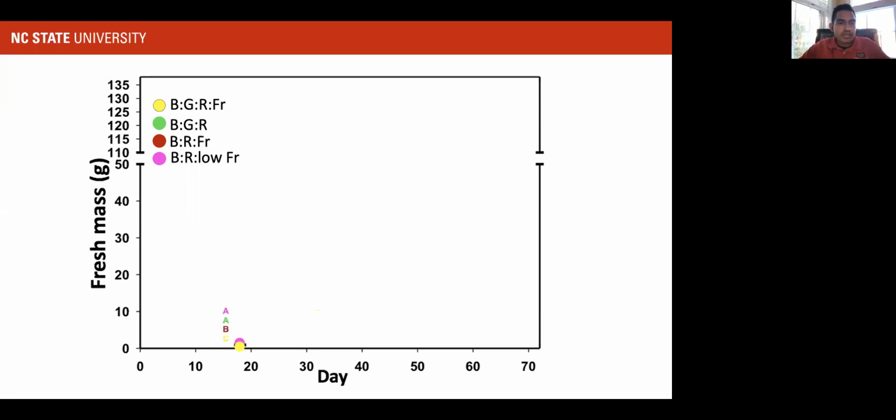So at the beginning, if you can see the letters, by 18 days, which is the transplant stage, and there is a whole industry focused on the lettuce transplant stage, those recipes, the pink one and the green one, that have no far red or very little far red, were doing better in terms of fresh mass growth. Then later on, those plants kept producing more fresh mass.